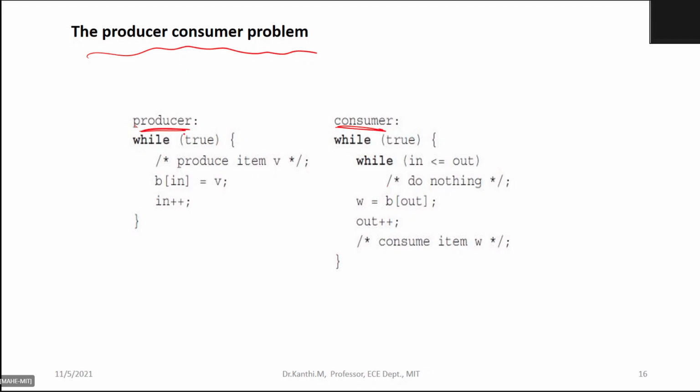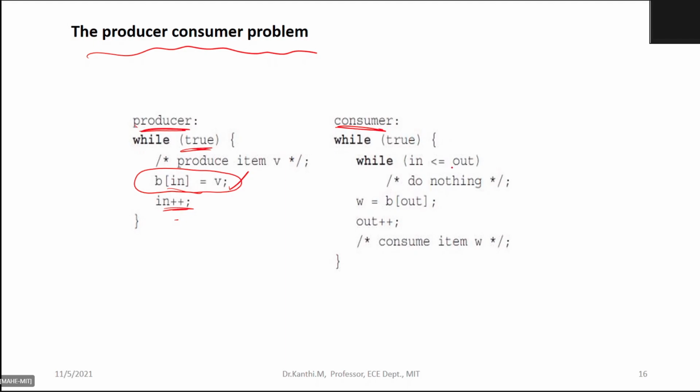In the while one loop, you can see that there is a variable, it is producing the item and loading it, and you increment the values, that is input. You put the input, so you have it in the buffer.